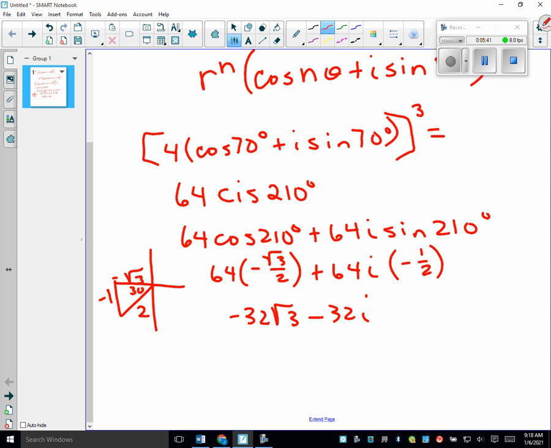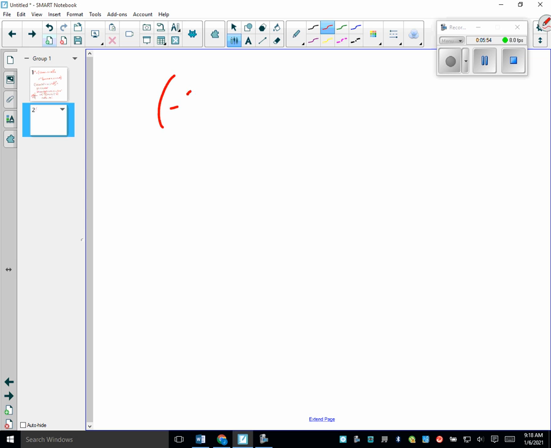All right, can we do one a little bit harder? Negative 2 minus 2i to the fourth. We have to convert it to polar and then go back to rectangular. Unless you want to just take negative 2 minus 2i and FOIL it out 4 times.